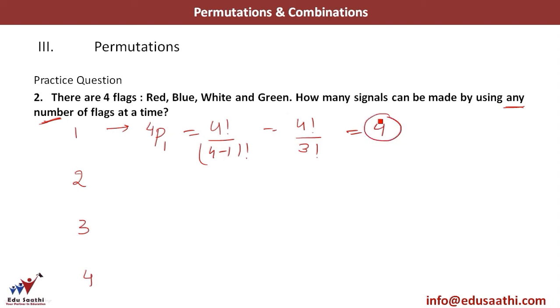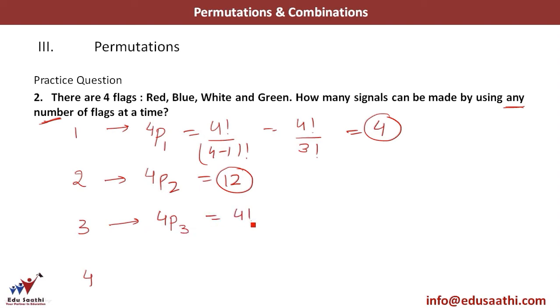Only in 4 ways. Let's say I have to choose two flags now. This is the case we've already done. So this is 4P2 and this is 12. I'm straight away writing the answer because we've already discussed this before. Similarly, if I have to choose three flags, what is the formula? 4P3.